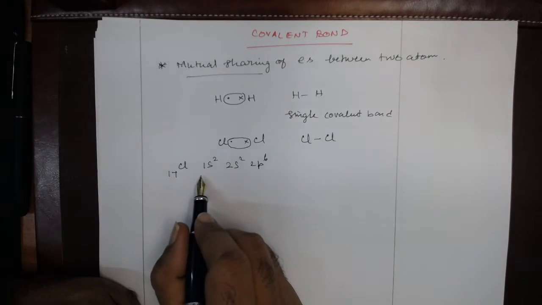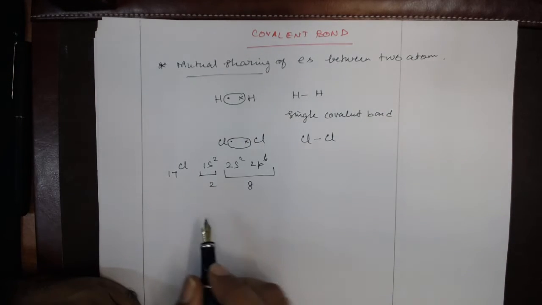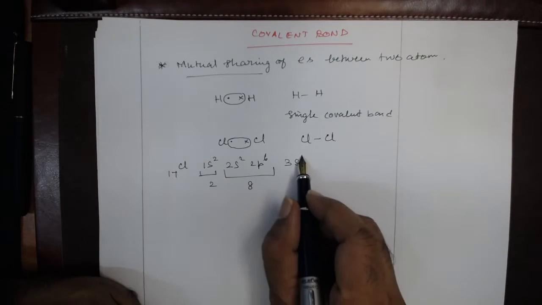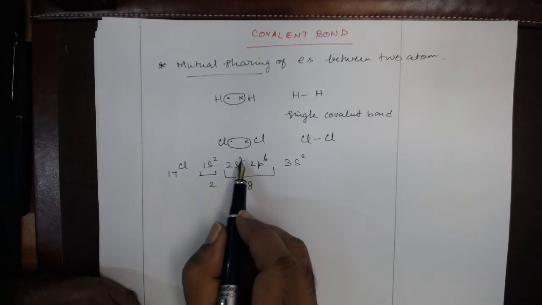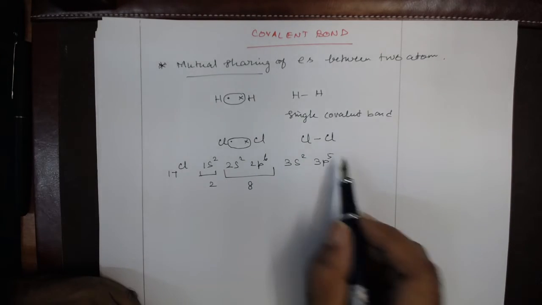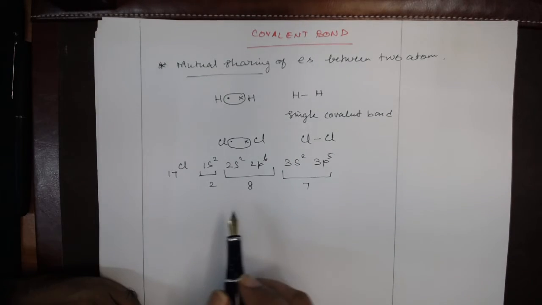That is, in the first shell you have 2 electrons, in the second shell you have 8 electrons, and in the third shell 3s2, 3p5. So in the third shell you have 7 electrons.